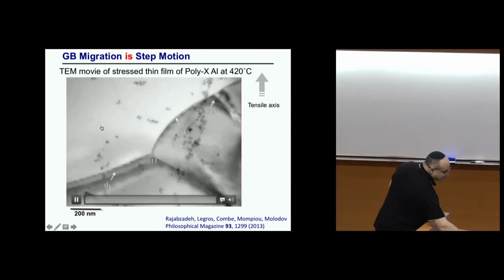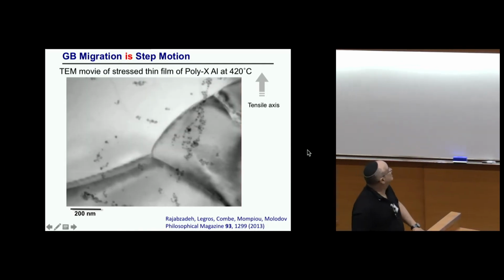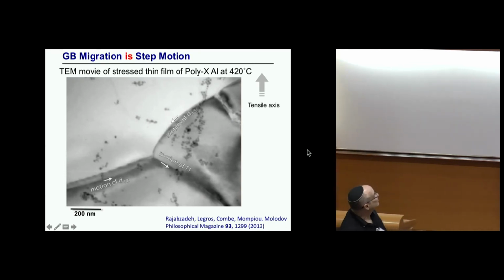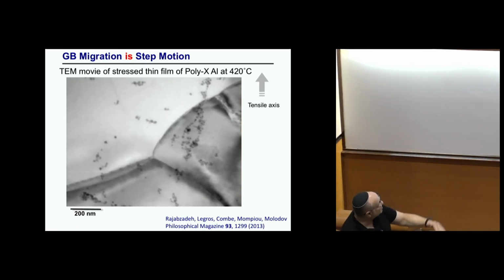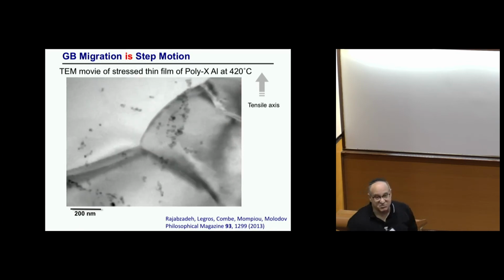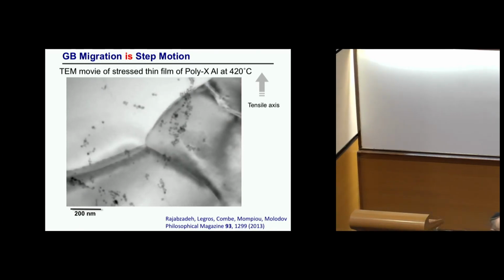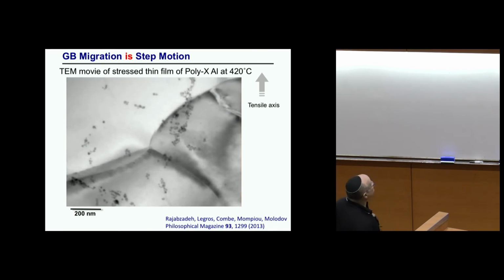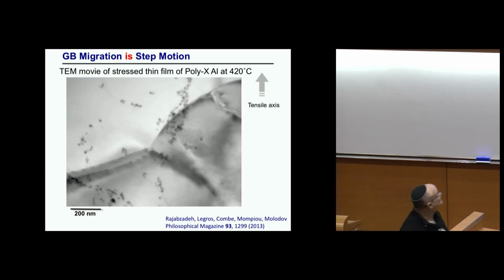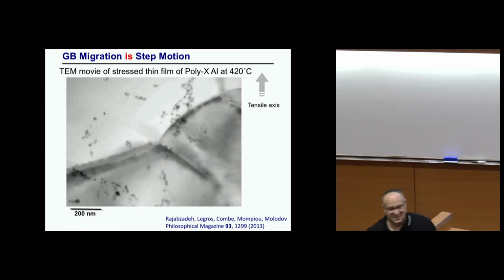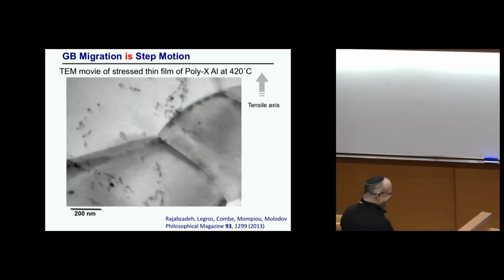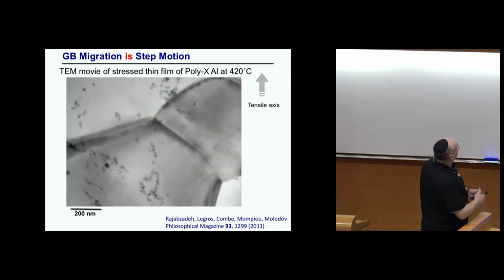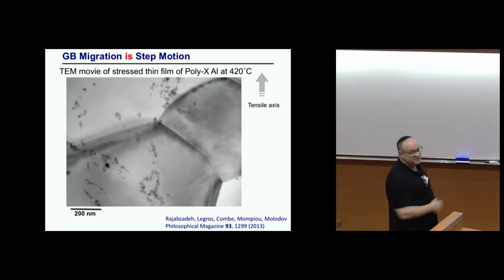Now, you can see the grain boundary is migrating, but as the boundary is migrating down, you can see all these defects moving laterally along the grain boundary. Those are the disconnections. Let's see, is it still moving? Yeah, it's still moving. It's beautiful to see them in action. Oh, by the way, this other stuff here, that's just dirt on the surface.